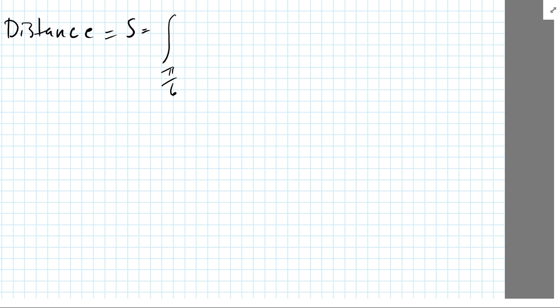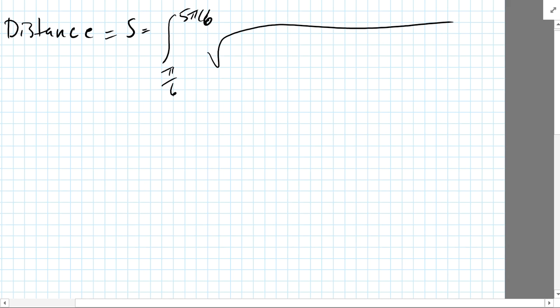From the pi over 6 to the 5 pi over 6, right? And it is the square root of, what was my x derivative? So I need to get the x derivative, right? Plus my y derivative. And all I've done is the algebra so far. dt.